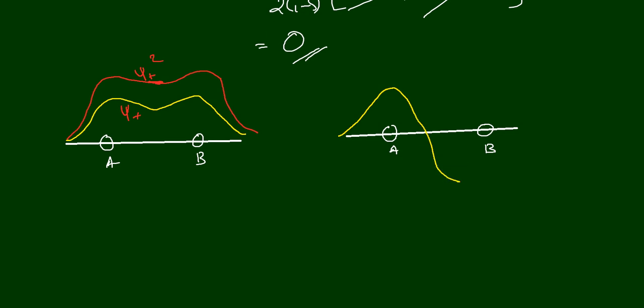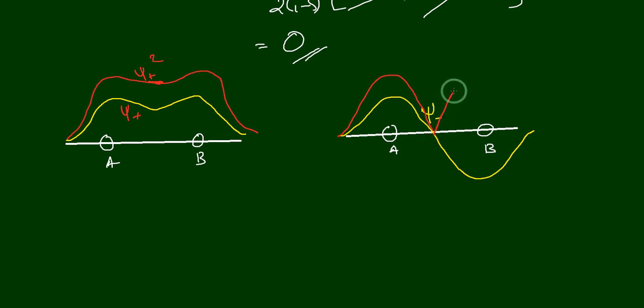It will be like this. Like this, psi minus square. So this is psi minus, and if you are taking psi minus square, then psi minus square will be like this.